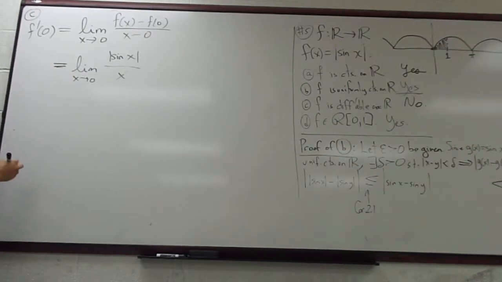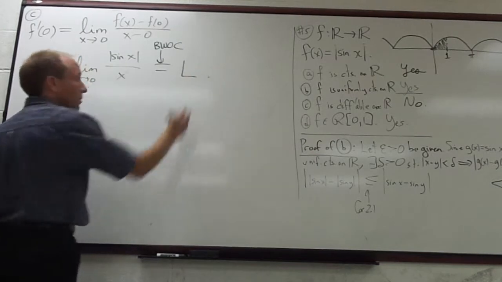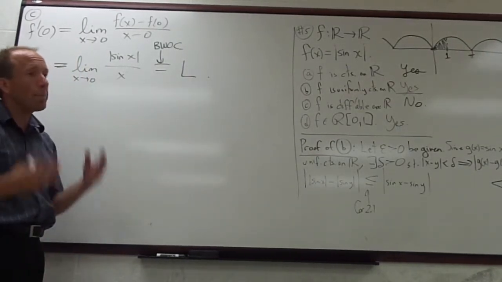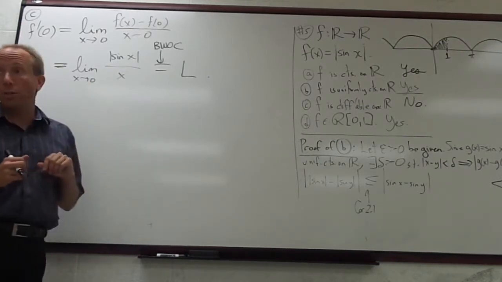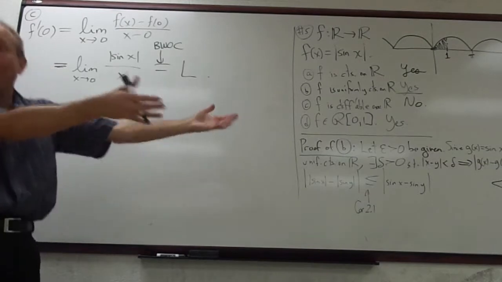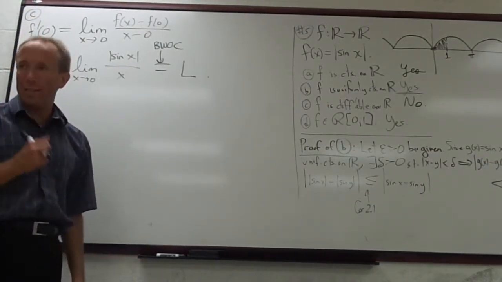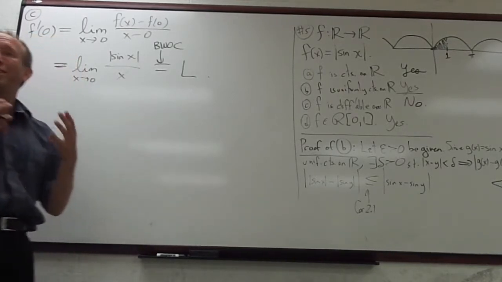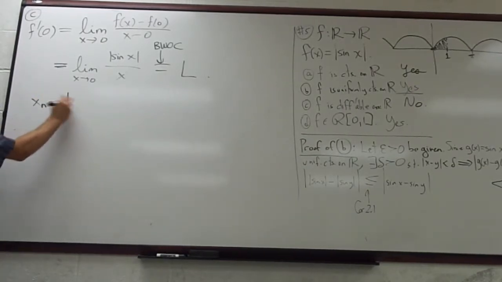Okay, so let's assume, by way of contradiction, that this is equal to some value L. It's not, but let's suppose that it is. What that means is that if I take any sequence of points that converges to 0, the image of that sequence of points has to converge to L by proposition 4.6. Can somebody give me a sequence of points that would converge to 0? 1 over n is like the easiest possible choice, right?